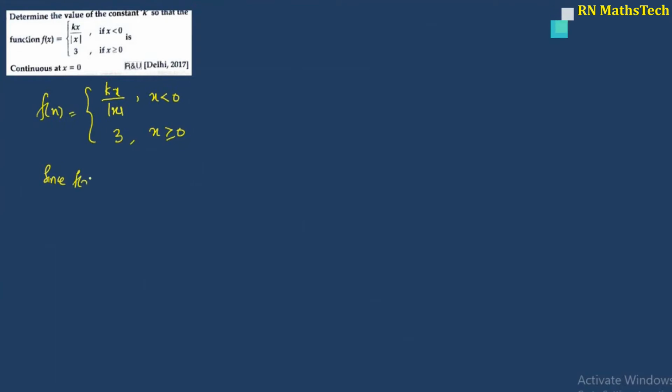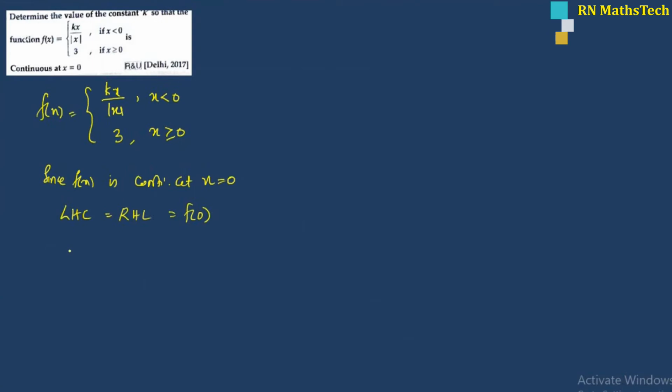Since f of x is continuous at x is equal to 0, left hand limit is equal to right hand limit equal to f of 0.